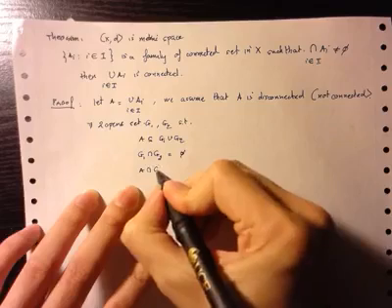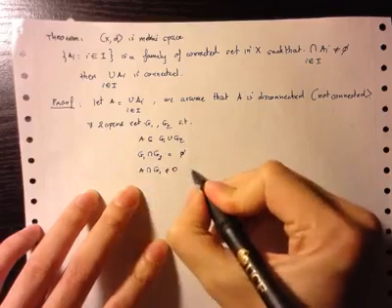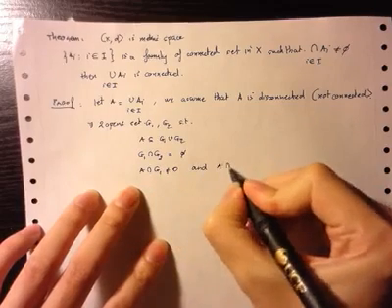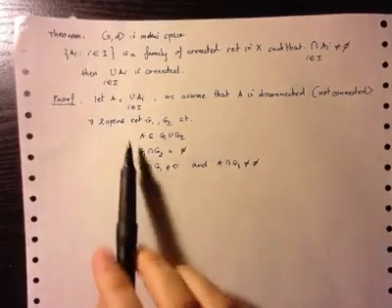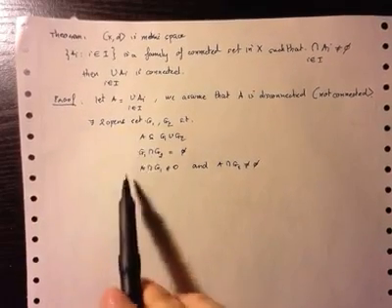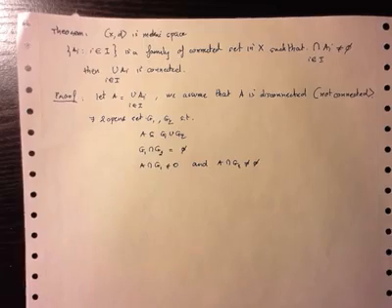A intersect G1 is not the empty set, and A intersect G2 is not the empty set. Okay, so this is the definition of a disconnected set. I basically just rewrote it from last time.